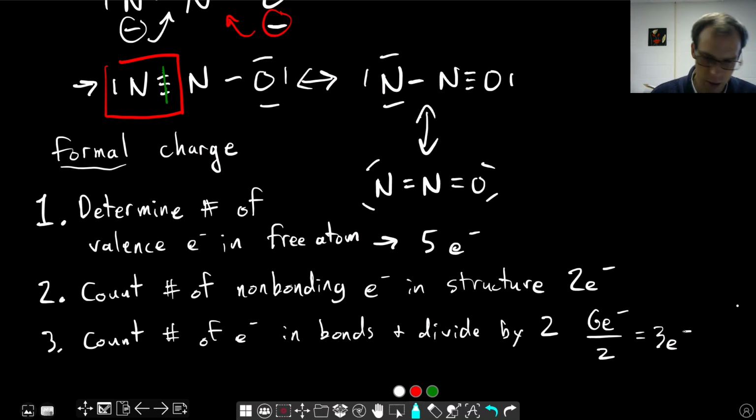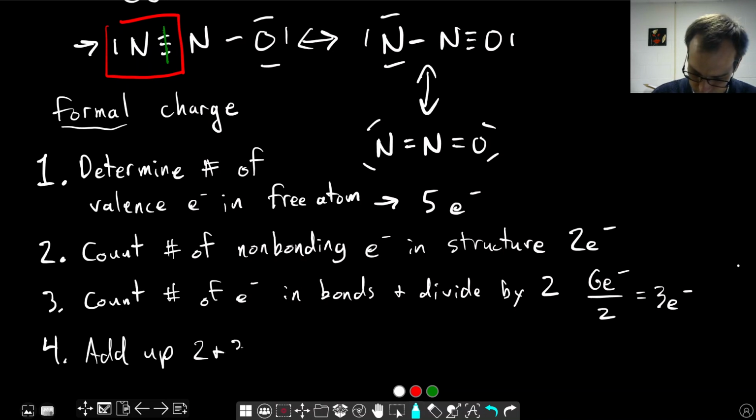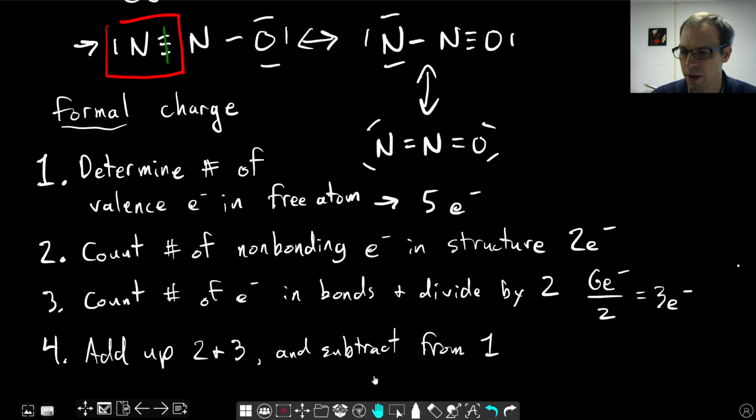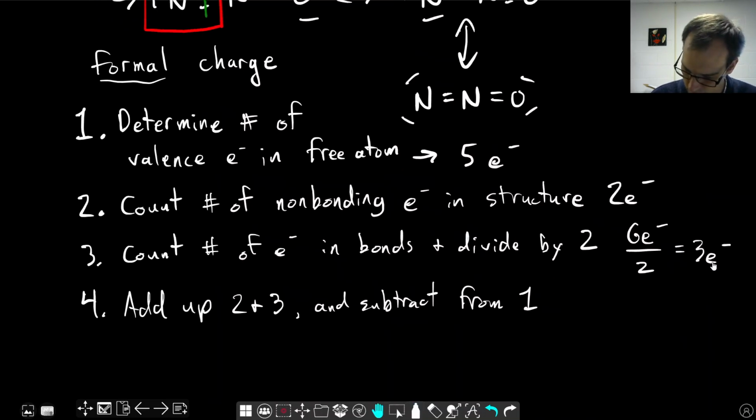And then our final step to get the formal charge is to add up steps 2 and 3 and subtract it from number 1. So in this example, we have 2 and 3.